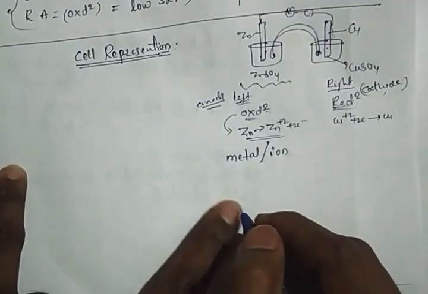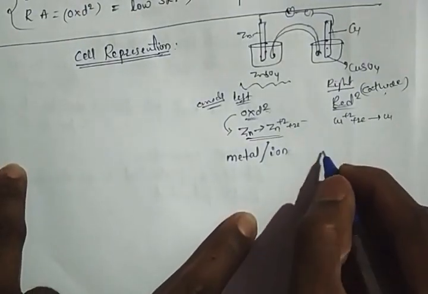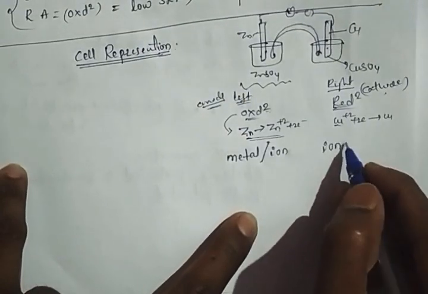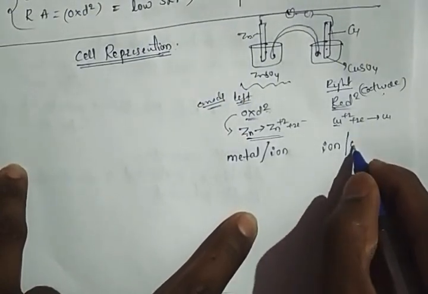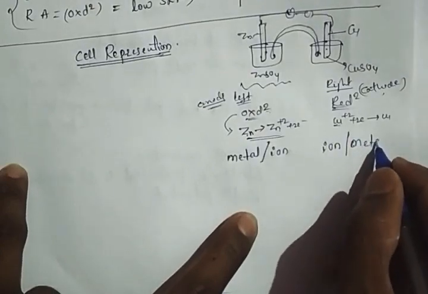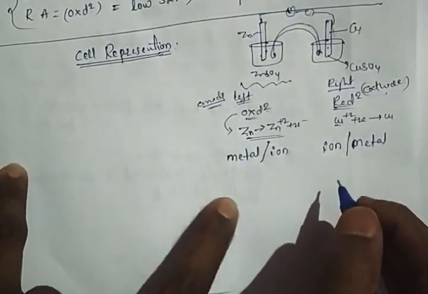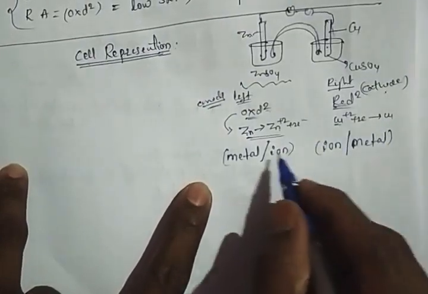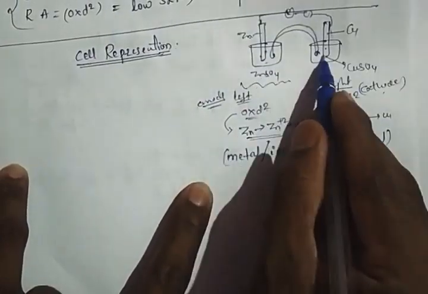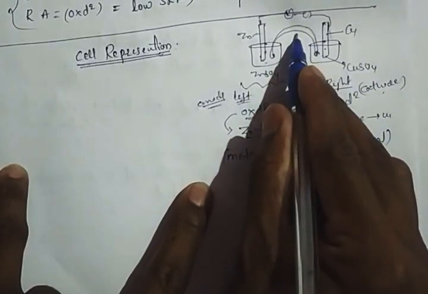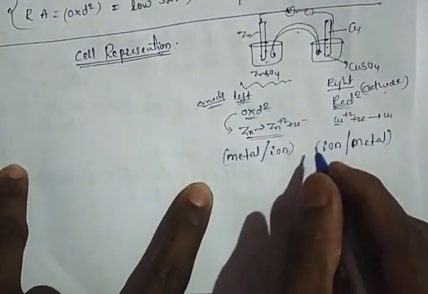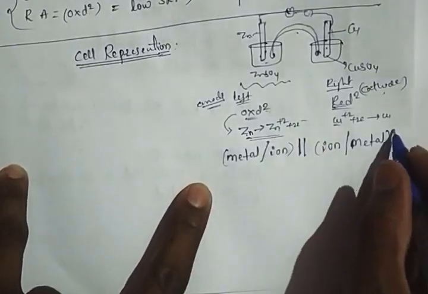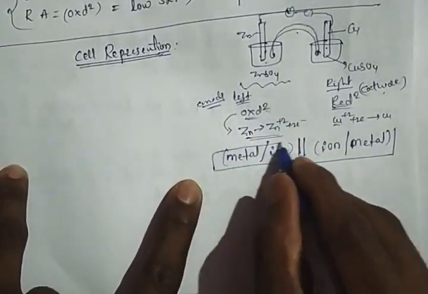Similarly, on the cathode side, the ion is present at the left hand side and is converted into metal, right? So oxidation half and reduction half are separated by a salt bridge, and the salt bridge is represented by a double slash. This is the cell representation.